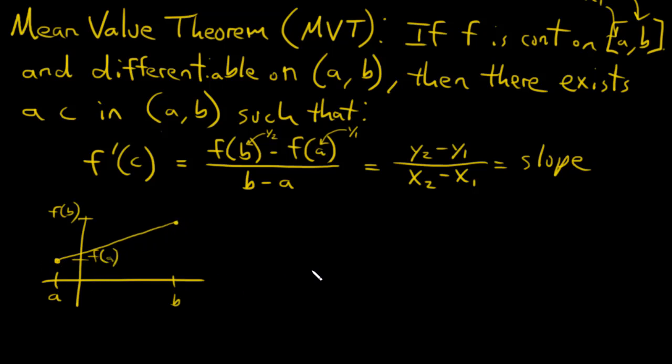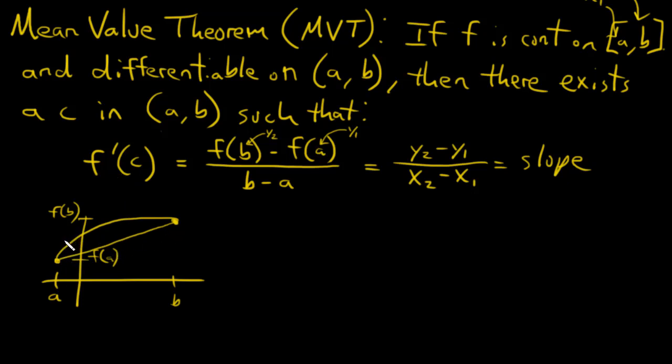So, if I have the two endpoints here at A and B, and a function that moves between them, maybe the function does this. What this says is that there is at least one point at which the slope is the same as the average slope.